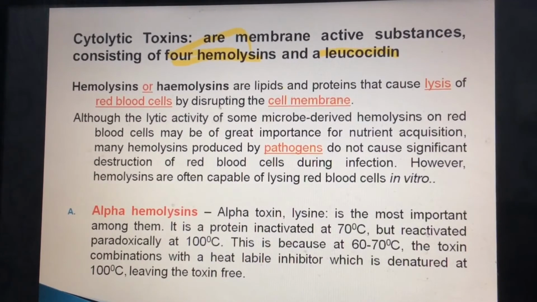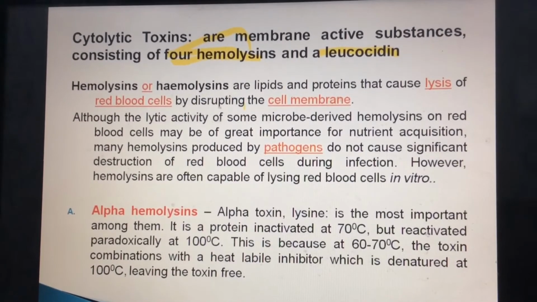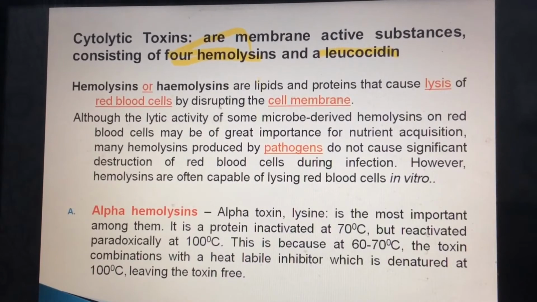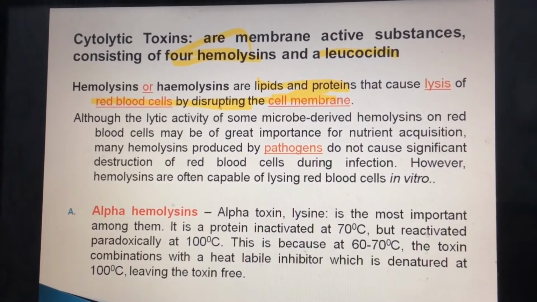Hemolysins are chemicals composed of lipid molecules and some protein molecules that cause lysis of red blood cells. These chemicals disrupt the cell membrane of the RBC, so the chemicals present in the cytoplasm of the RBC come out after the disruption.